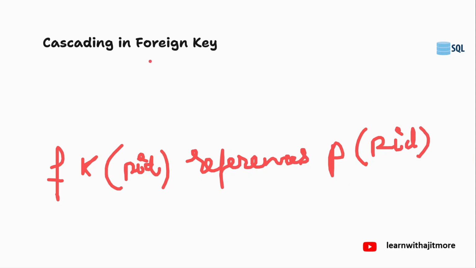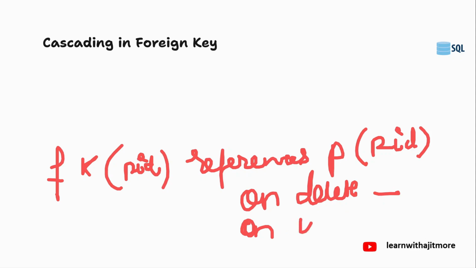After that, you have to give this cascading rule. You write it like this: on delete, what to do, and after a space you can give on update. Giving both is not necessary. You can give only the on delete rule but not for update, or for update but not for delete. It's your choice. So on delete what action, and on update what action.